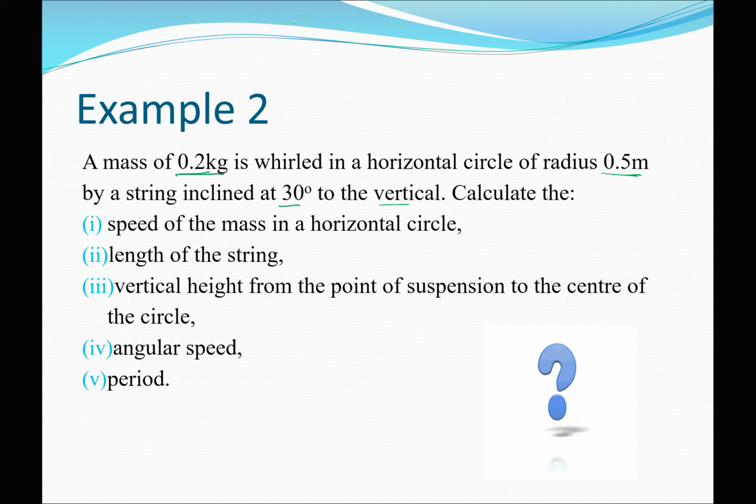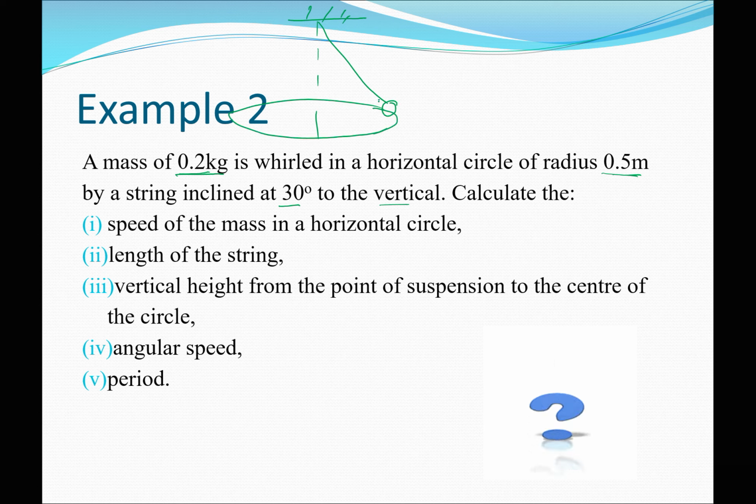So I would first sketch here. This is the vertical reference line, and let's say the mass is somewhere here, describing a horizontal circle, because it's inclined at an angle of 30 degrees to the vertical. So let this be the horizontal distance, which is the radius of the circular path, which is 0.5.